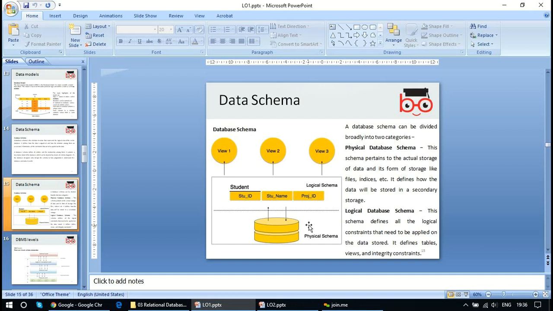So physically, the way we store the data won't look like a table inside the hard drive, is it? So physically, the things are blind, and when you try to make an image, then that would become a kind of logical schema.